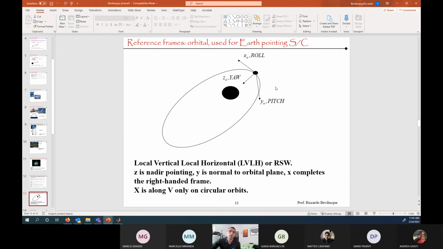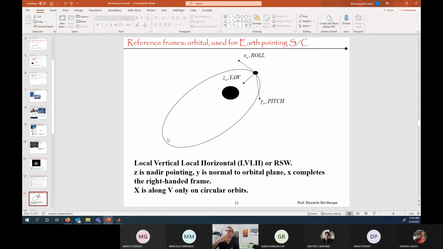Because Y, which is here the X, doesn't have to be necessarily parallel to the velocity. In fact, as you can imagine, on an ellipse like this, at any location that is not the perigee or apogee, you will definitely have that X is not pointing like the velocity.